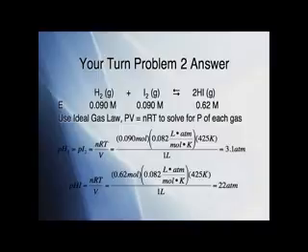Gives us a partial pressure for the hydrogen and iodine of 3.1 atmospheres. For the hydrogen iodide, that pressure will be equal to, again, nRT over V, so we'll take our 0.62 moles times 0.082 liters times atmospheres per mole times Kelvin times 425 Kelvin divided by the 1 liter, gives us a partial pressure of hydrogen iodide of 22 atmospheres.